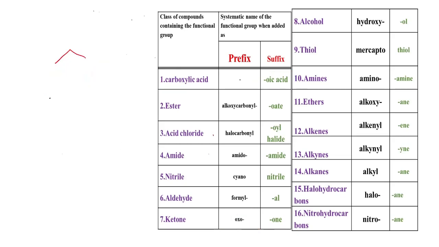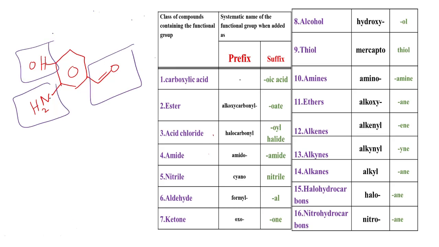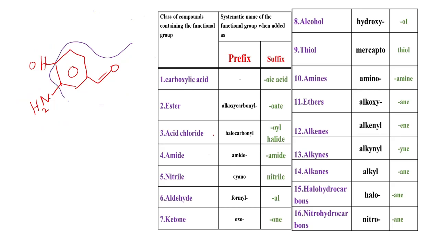The next example is this. This benzene ring has aldehyde, alcohol and amine groups. See here, this is all called benzaldehyde.